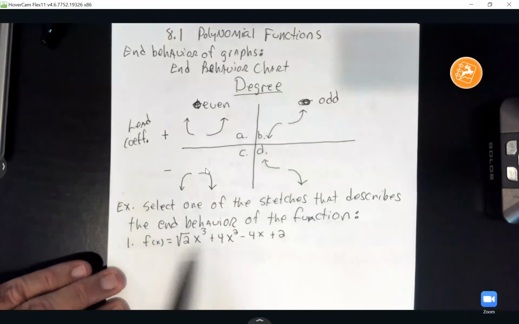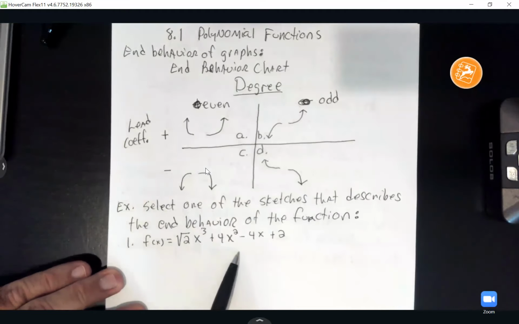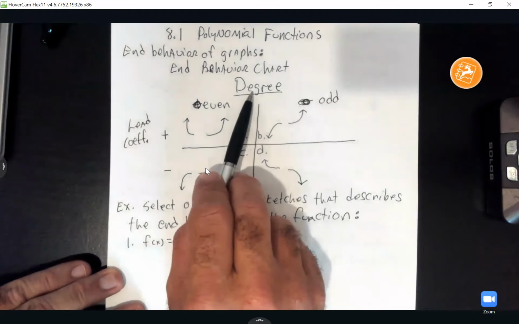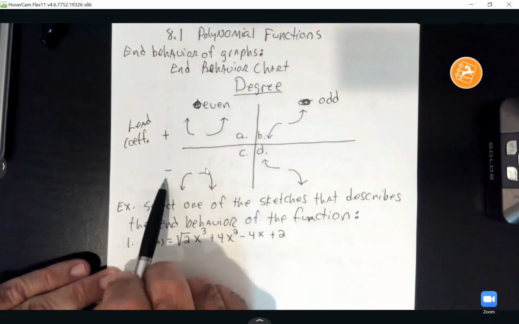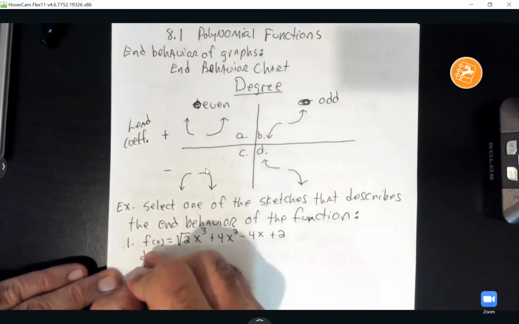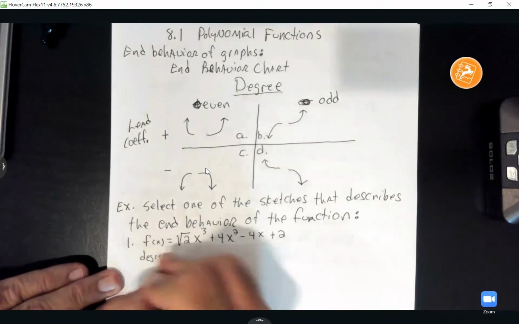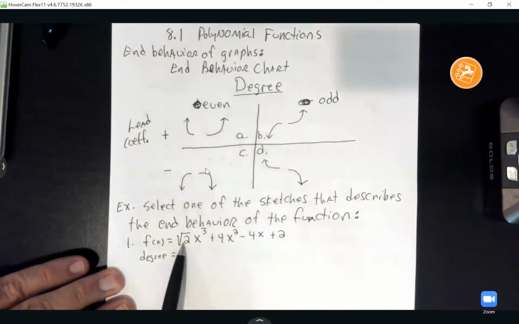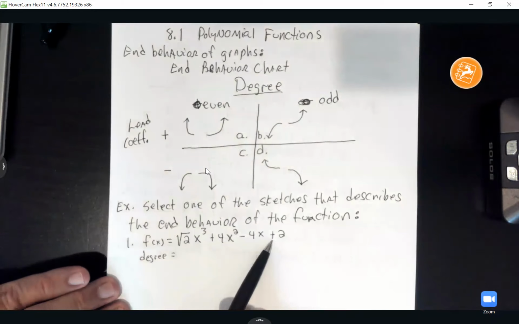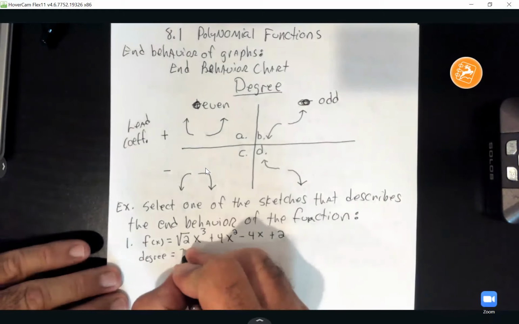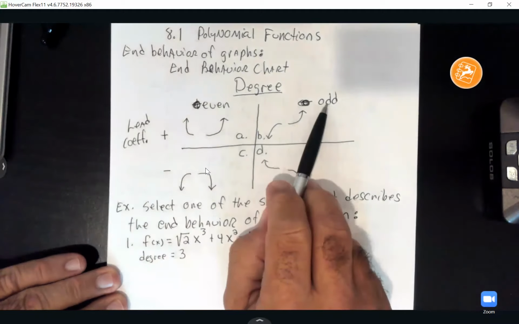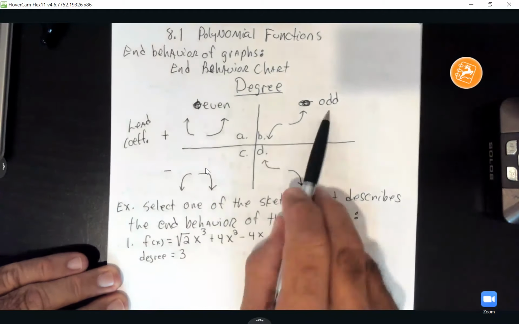So the 2 things I need to know out of this function here is the degree even or odd, and is the lead coefficient positive or negative. So y'all, let me start with my degree. The degree of this polynomial is what? Three. So the degree is 3, and 3 is odd. So it's going to be either B or D at this point.